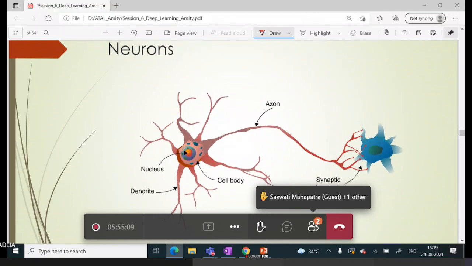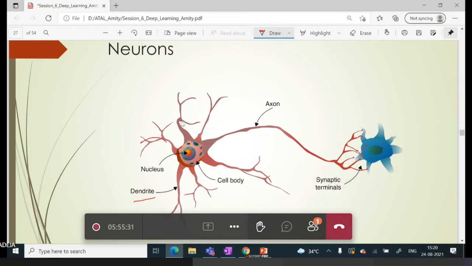Let's understand them formally. Real life neurons which are present in our brain are extremely complicated. They take inputs using dendrites, and then some biochemical process happens in the nucleus of your neuron, and you are getting different kinds of inputs.